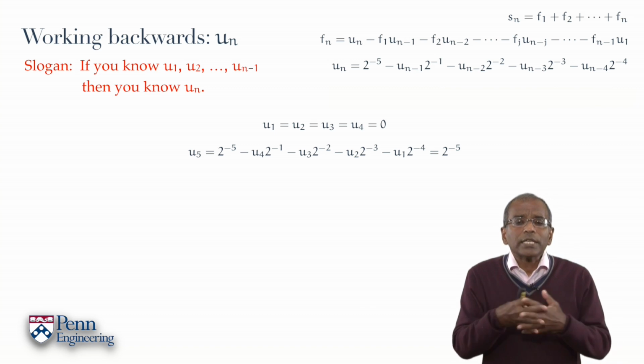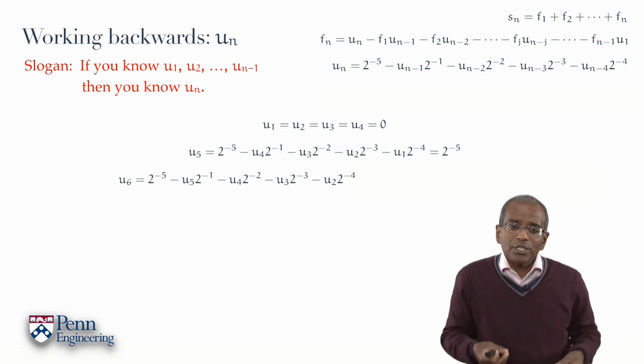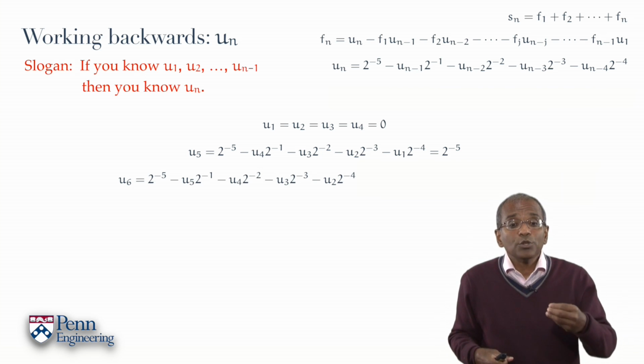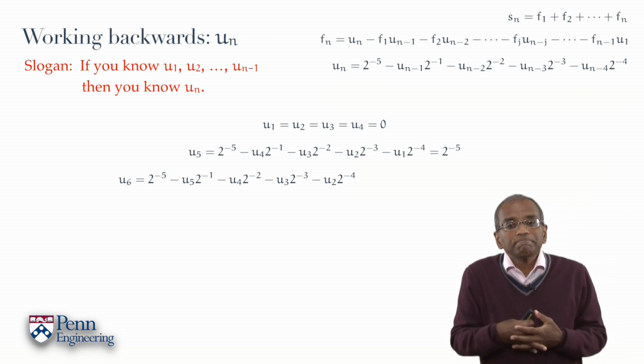What about u6? Plug in n equal to 6, and now we've got an expression on the right, which is 2 to the power minus 5, from which you take away various terms from u2 through u5.